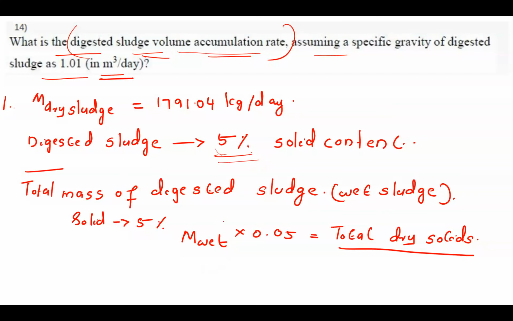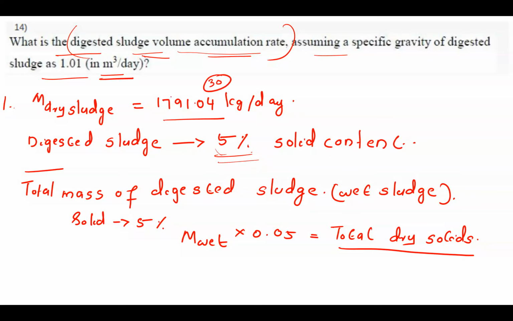From that sludge, it is given 5 percentage has the solid content. And this solid content we already calculated, the total dry solid after 30 days.